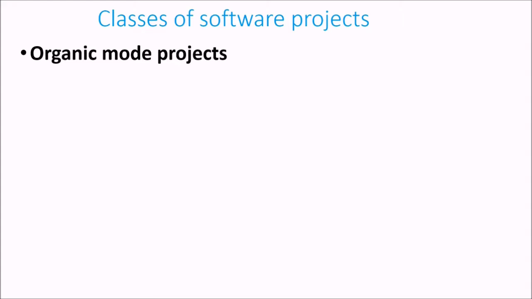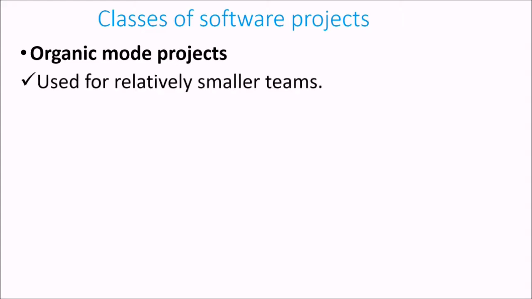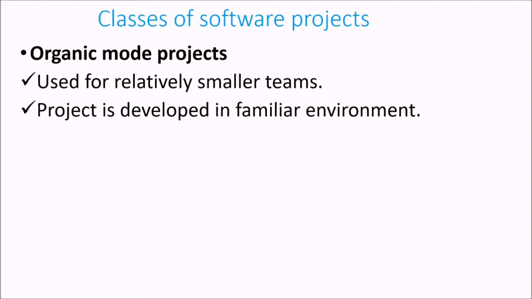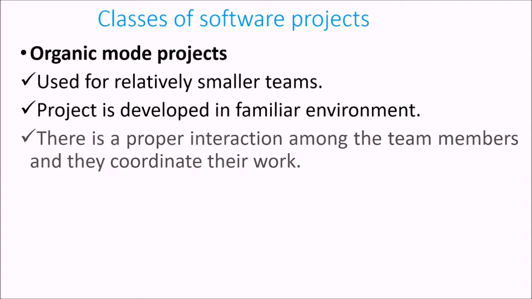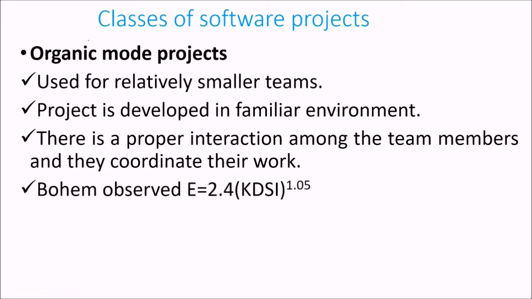There are various classes of software projects. Organic mode projects are for relatively small teams. The project is developed in a familiar environment. You know what you are making, and there is proper interaction among the team members. So the coordination is very good. Boehm observed that the effort will be given by E equals 2.4 KDSI, kilo delivered source instruction, to the power 1.05.